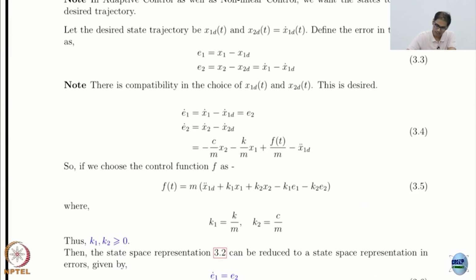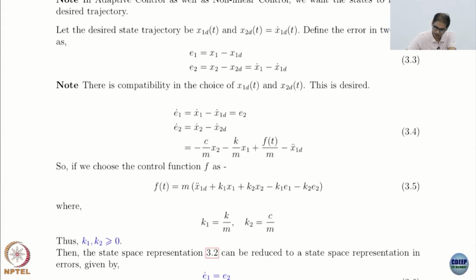So this is my error dynamics, and I want to drive the errors E1 and E2 to 0. That's the aim. How do I do it? I can choose a Lyapunov function and all that, but it's pretty straightforward. I try to get a nice system to follow.